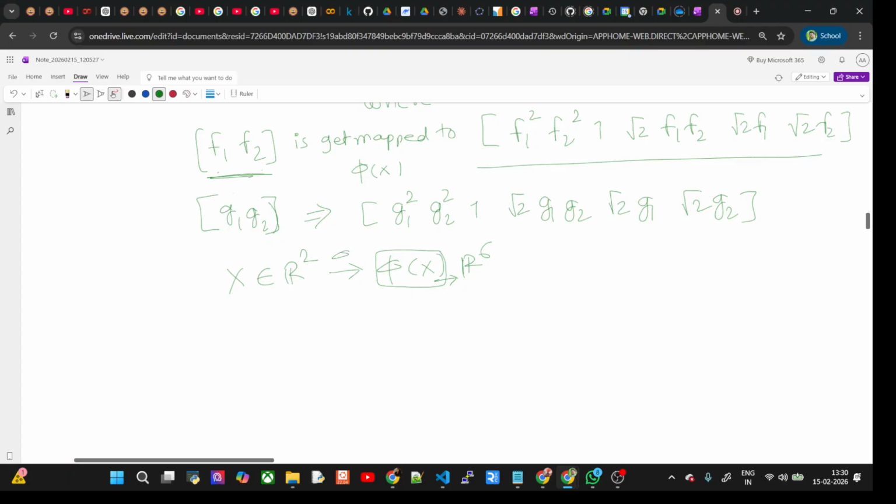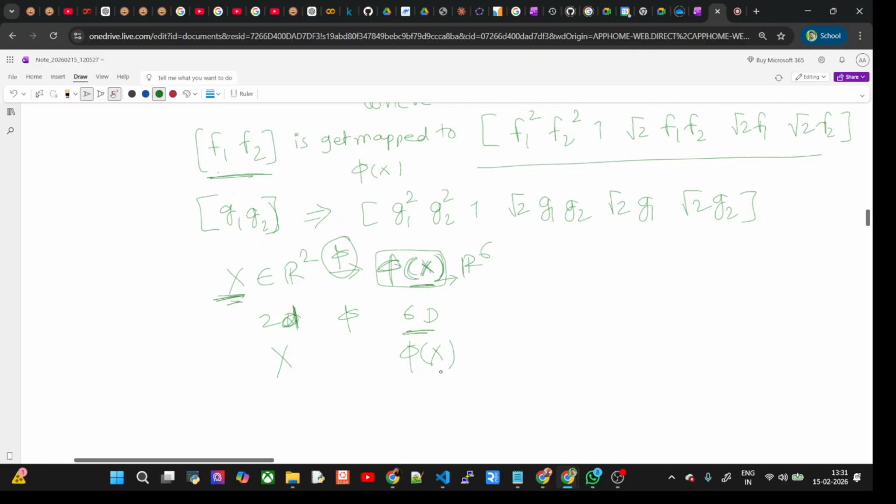By using this phi function you are mapping the lower dimension x to phi of x. Like I mentioned here, phi of x is nothing but your final output, which is in the higher dimensions. So x in the lower dimension of small 2D is mapped to the higher dimension, capital 6D, by using this phi function. So this x is converted into the phi of x. Okay, so here we managed to compute this.